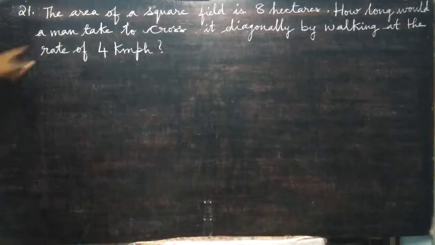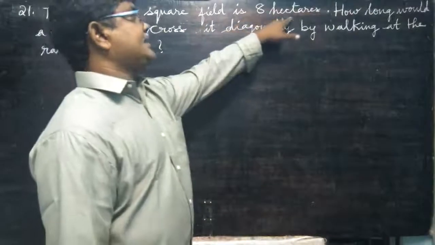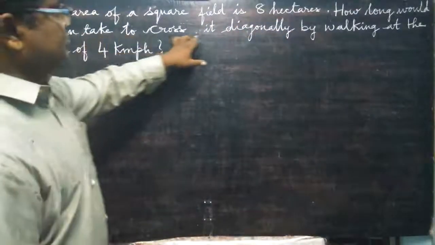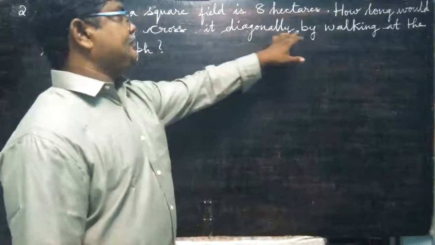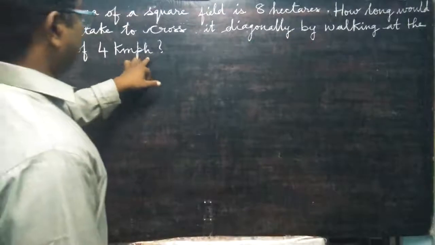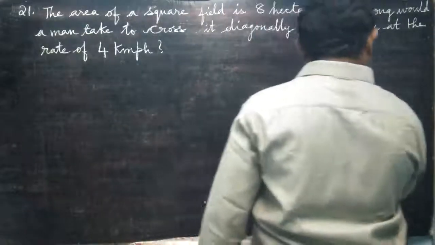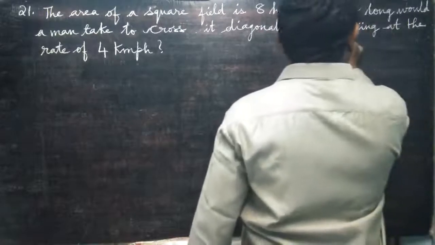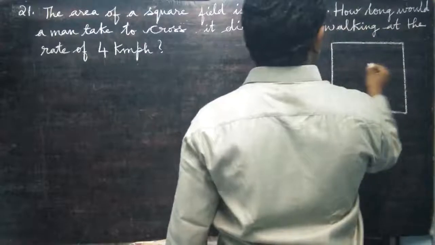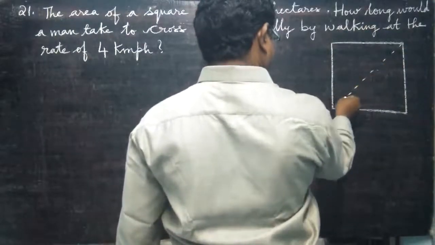21st problem. The area of a square field is 8 hectares. How long would a man take to cross it diagonally by walking at the rate of 4 kilometers per hour? Square field, square means all sides are equal. Now this is the diagonal.